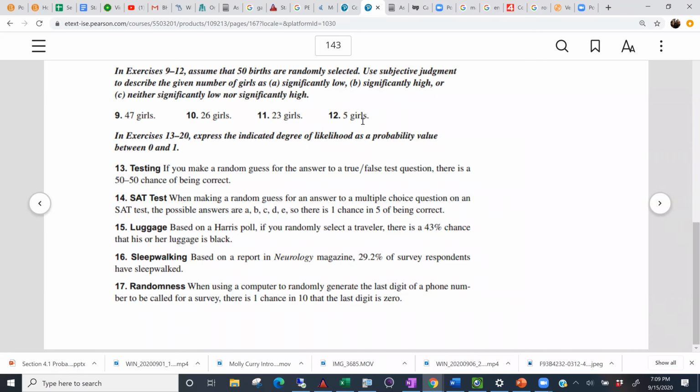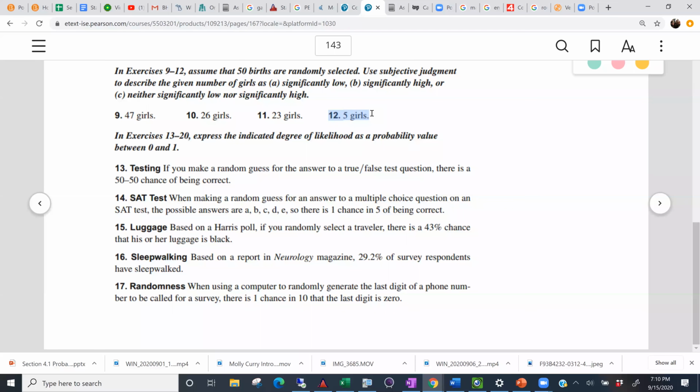How about if you, in problem 12, got only 5 girls? How would that look for you? It would be pretty low. Yeah, that'd be really low. All right. In fact, I'm kind of curious here as to exactly how low that would be, and we'll be able to figure that out for ourselves pretty soon.